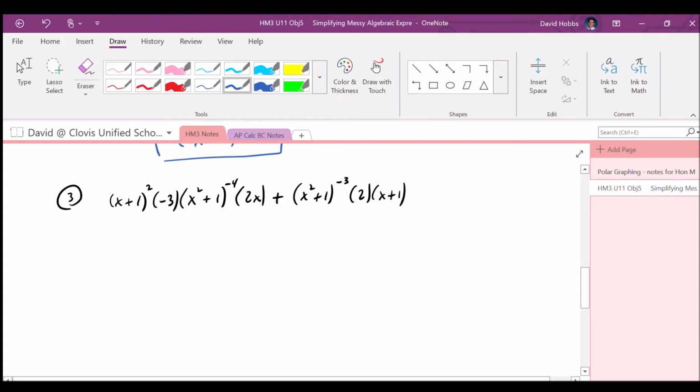However, I would tell you the more efficient way is probably to just try to factor what's going on here. So there's GCF stuff going on. Okay, so we have x squared plus 1.